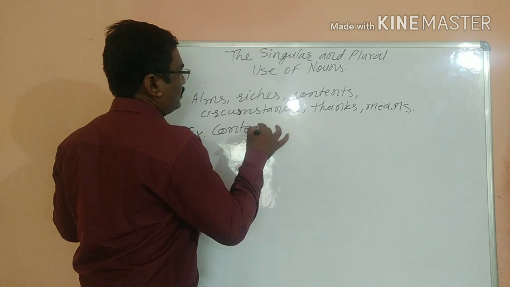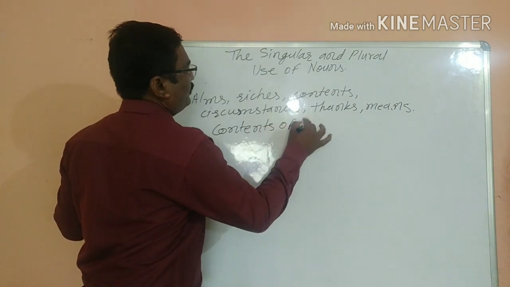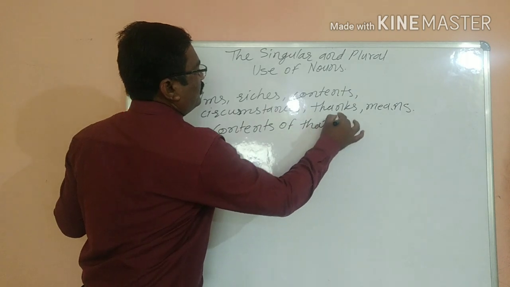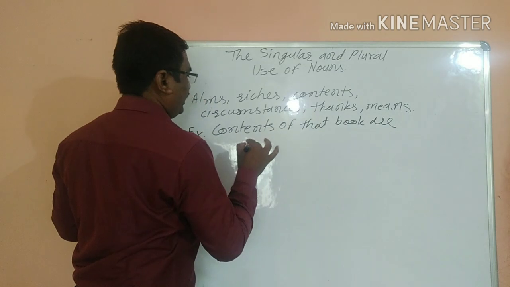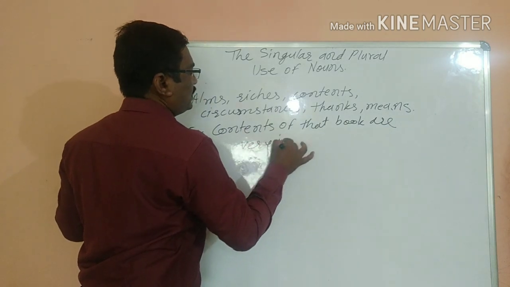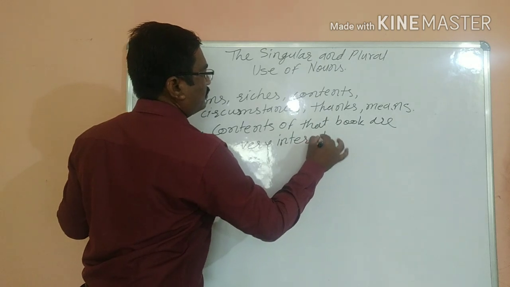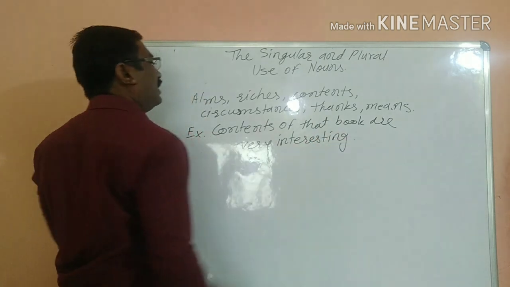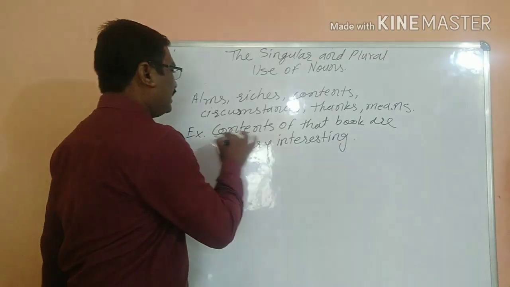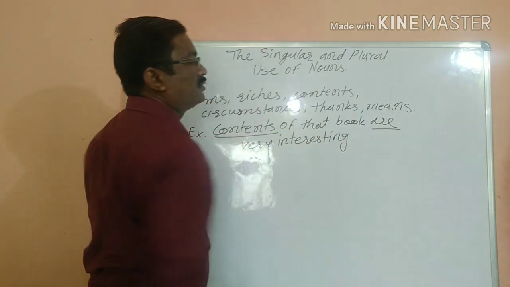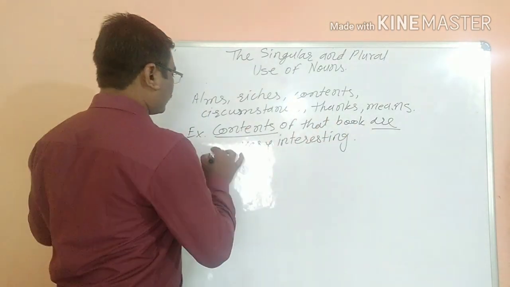Contents of that book are very interesting. Contents of that book are very interesting. As contents is plural, we have used are, not is.